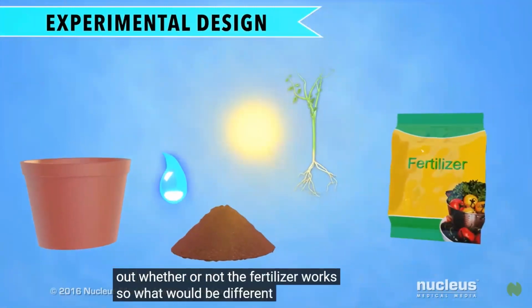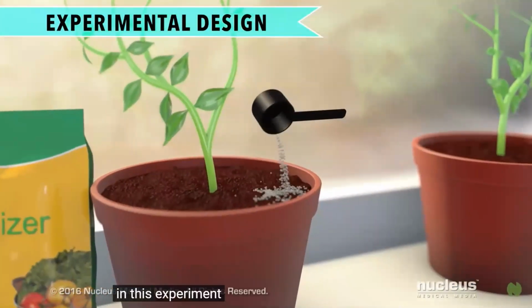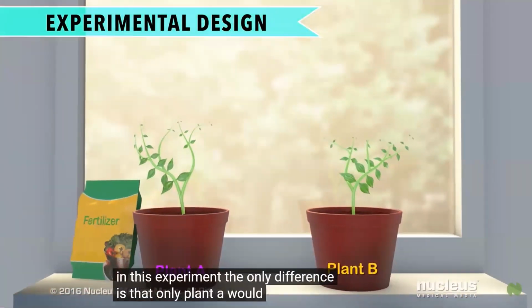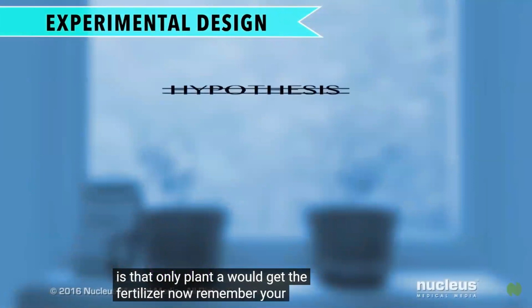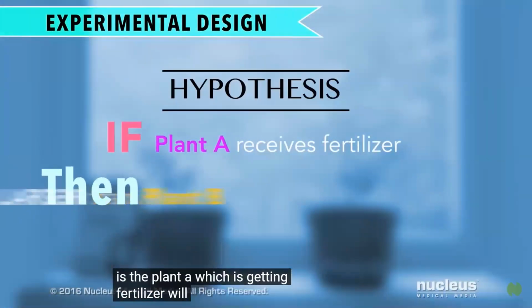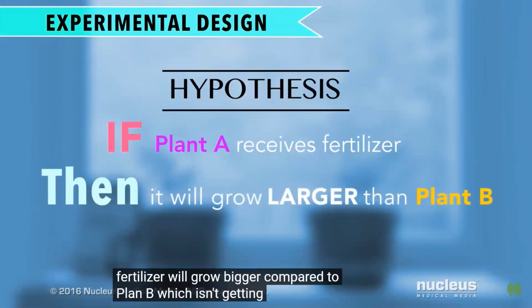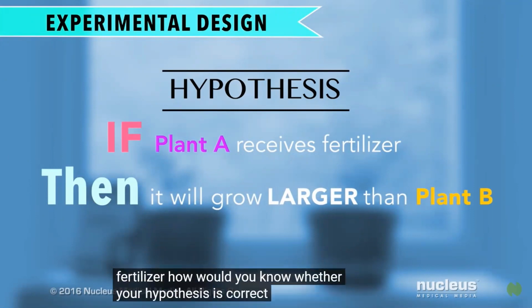So, what would be different? In this experiment, the only difference is that only plant A would get the fertilizer. Now remember, your hypothesis is that plant A, which is getting fertilizer, will grow bigger compared to plant B, which isn't getting any fertilizer. How would you know whether your hypothesis is correct?